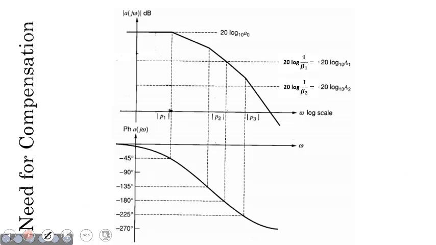Let us consider an open loop system with 3 poles, and this is the magnitude response that has been plotted here. Clearly this graph shows that for a feedback factor smaller than the value of beta 1, the system is stable.